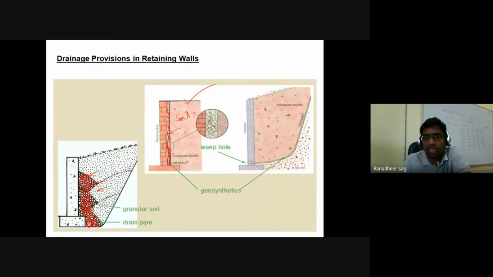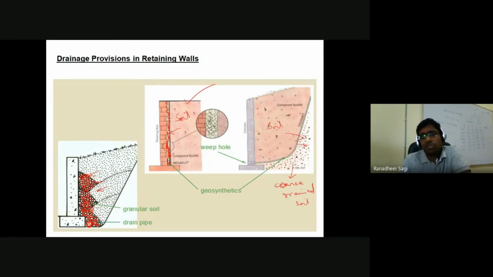Likewise, in a similar way here, this is your compacted soil, and this is, let's say, coarse grained material. Once we say it's a coarse grained soil or granular soil, and here is some geosynthetic material, what is going to happen is the geosynthetic material provided there acts like a separation medium, so that the fine grained particles will not enter your coarse grained medium and clog the void spaces which are available there.